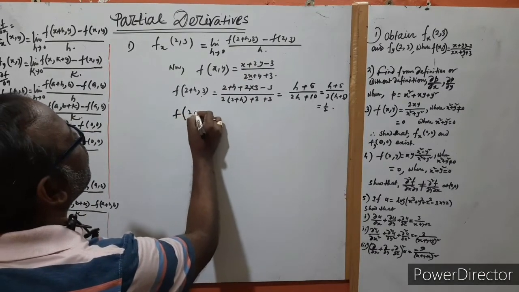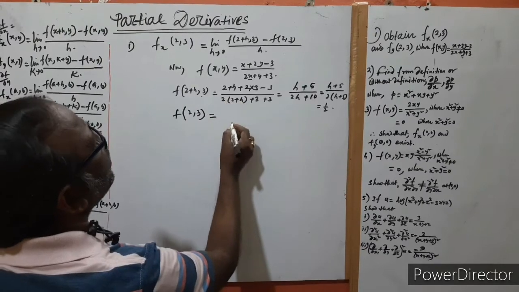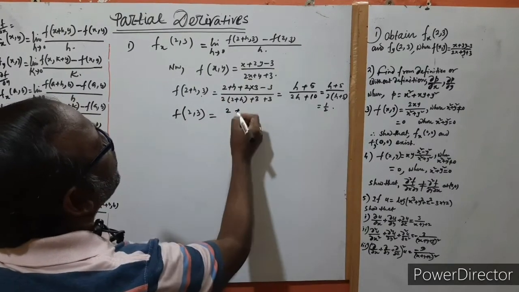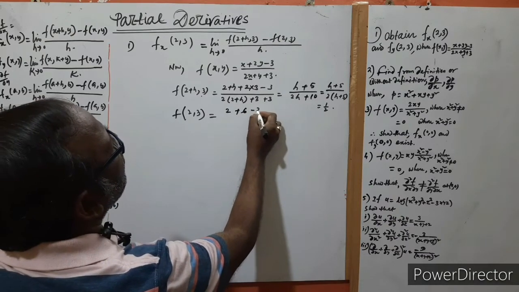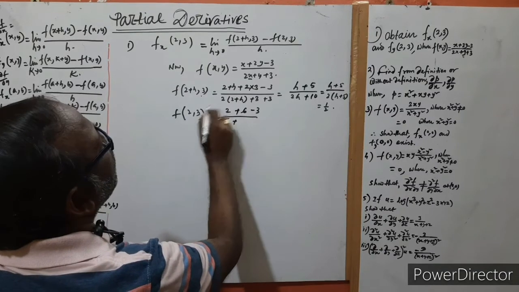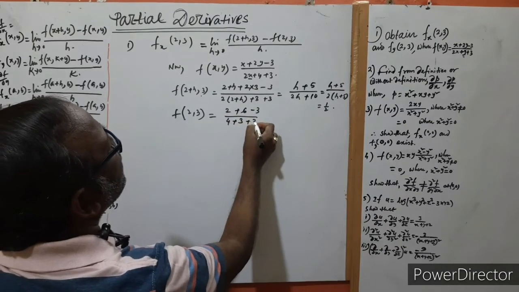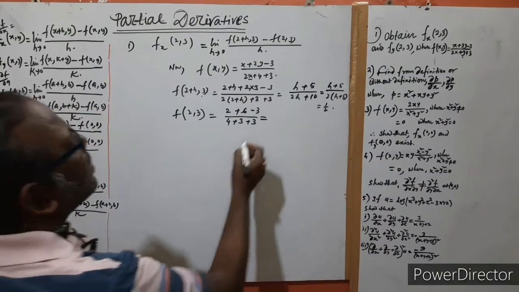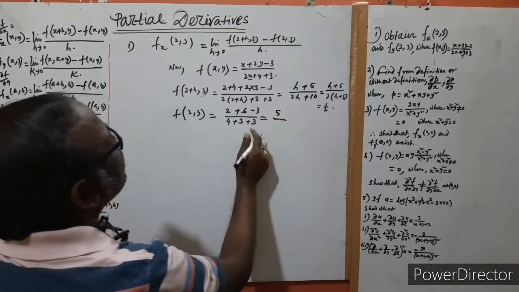So this is f(2, 3). In place of x we put 2, in place of y we put 3. The numerator is 2+6-3, that is 5, and the denominator is 4+3+3, that is 10.